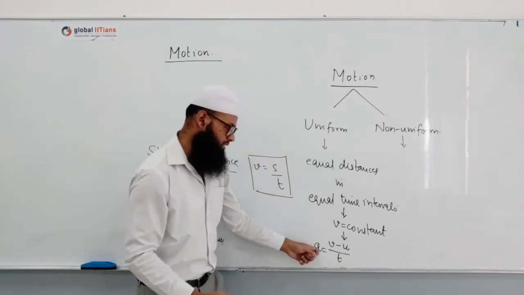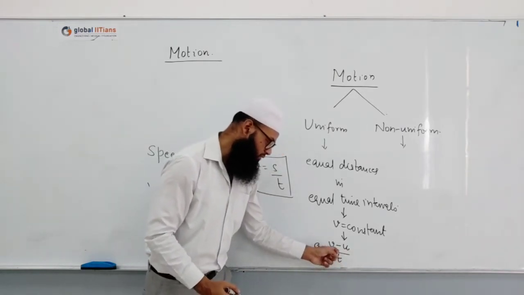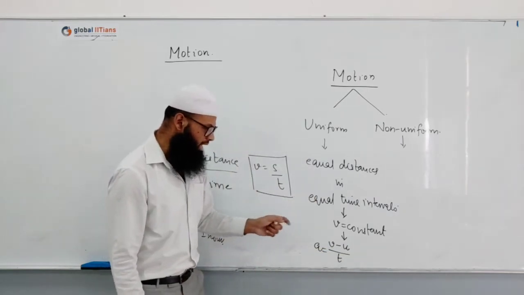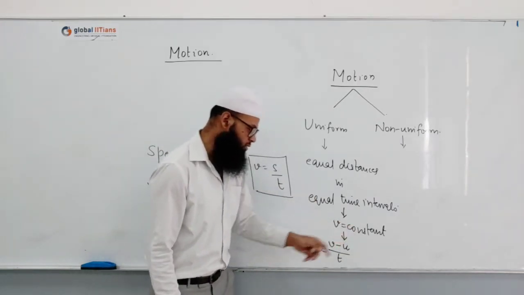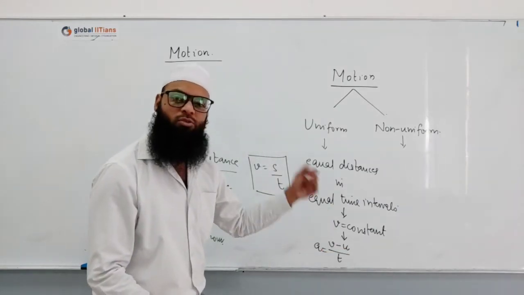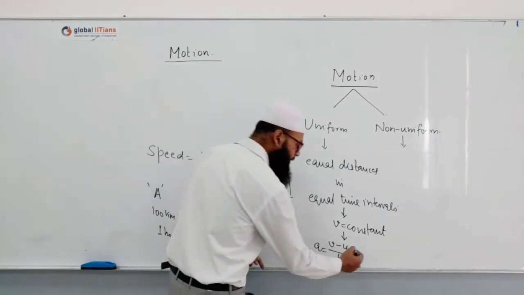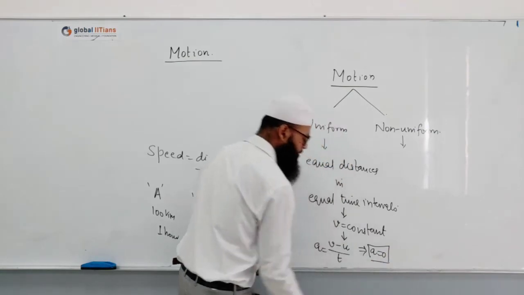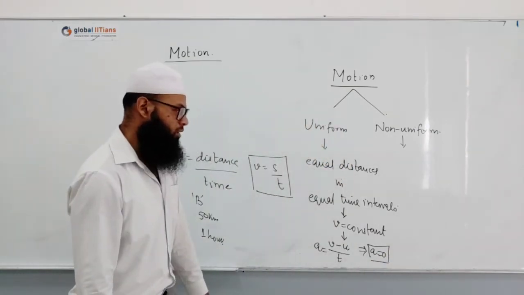So acceleration is the change in velocity upon time, that is, final velocity minus initial velocity upon time. But in this case, since the velocity is constant, both initial velocity and final velocity are the same, which makes the numerator 0, so we can conclude that a is going to be 0 in case of uniform motion, or when velocity is constant.